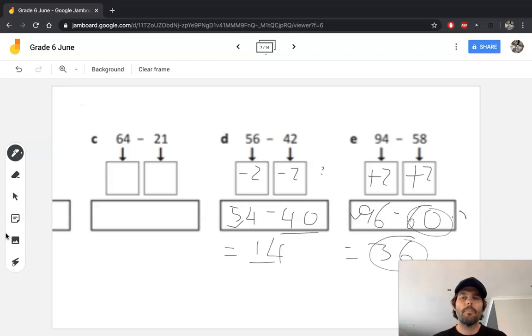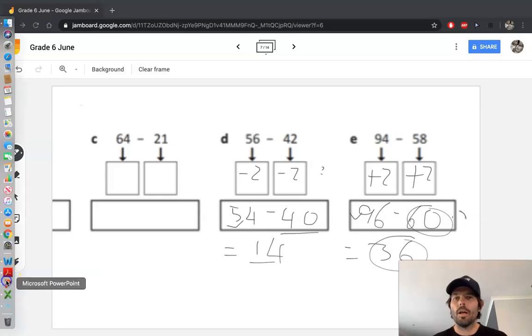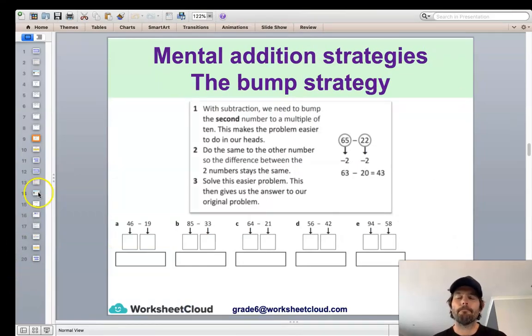So guys, that's the bump strategy, which you might find useful when doing your subtraction calculations. And we've worked through the compensation method quite comprehensively. I encourage you guys to go and have a look at the online activity with Memo so that you can consolidate this information.